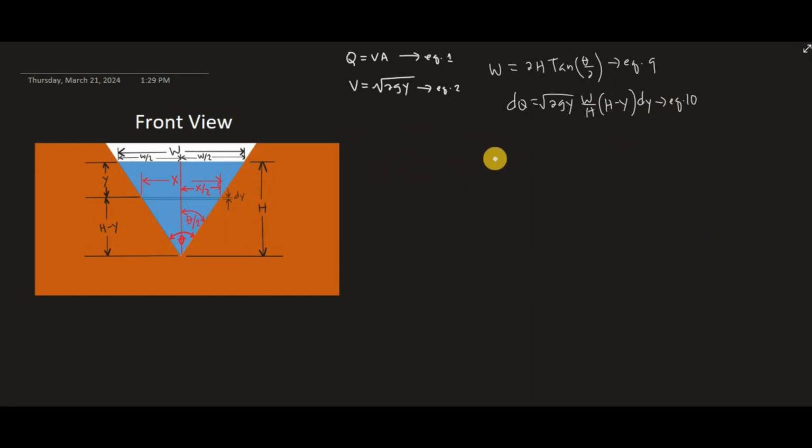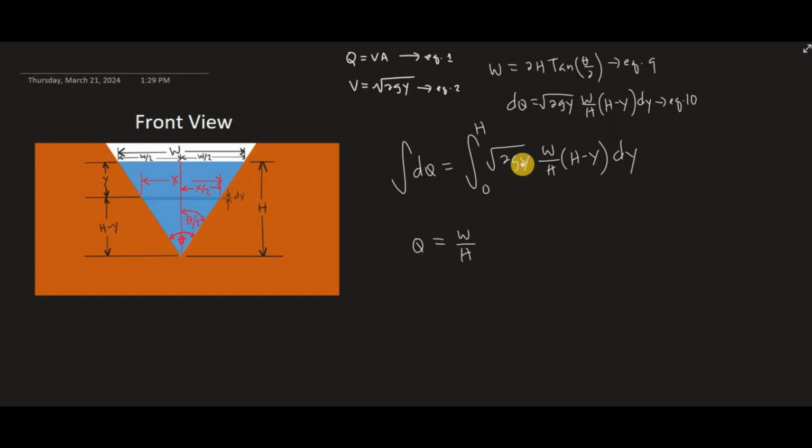Now, let's integrate both sides of equation 10. The limits of integration are from y equals 0 to y equals h. The integral of dq is simply q. This term w over h is a constant term, so we can just write it at the front of the integral.